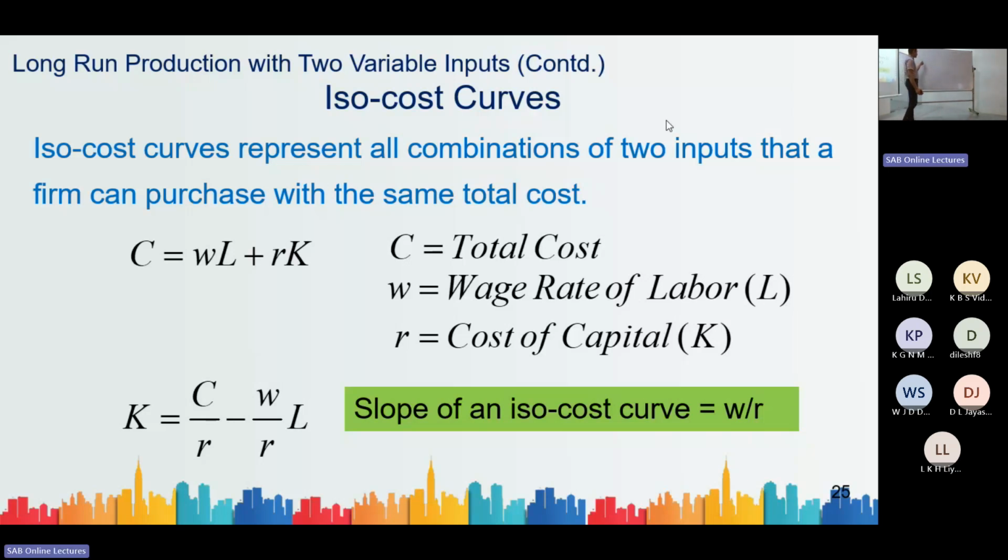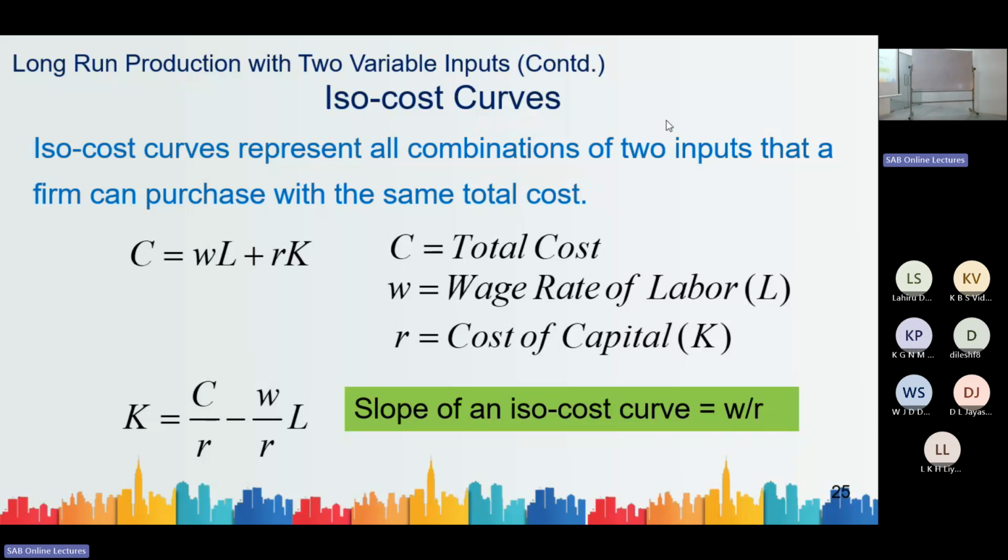When producing with 10 units of capital and 0 units of labor, how much is the total cost? The cost is 1,000 into 10, 10,000.